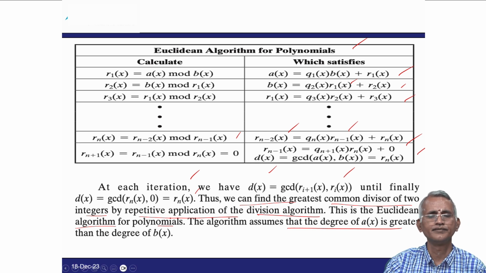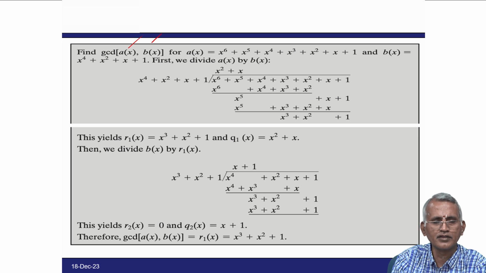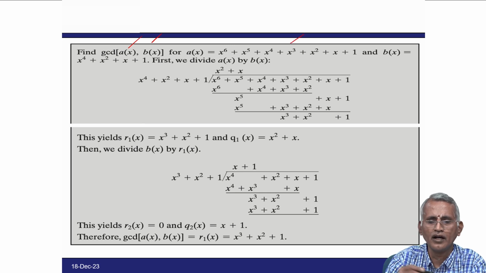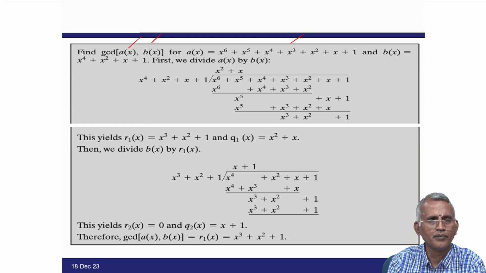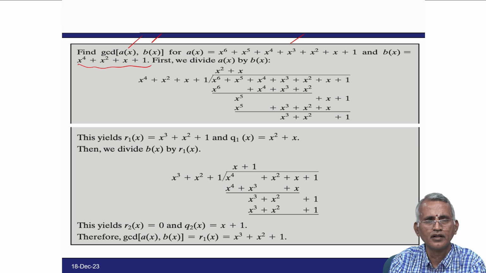B(x). Now, find the greatest common divisor of A(x), B(x) for A(x) equal to the 6th degree polynomial x power 6 plus x power 5 and so on plus 1, and B(x) equal to x power 4 plus x square plus x plus 1. Divide one by the other, that is A(x) by B(x).